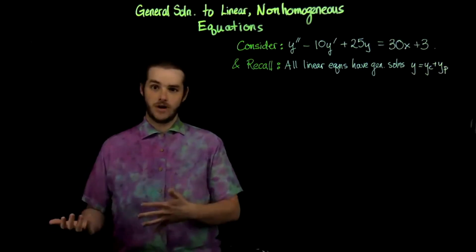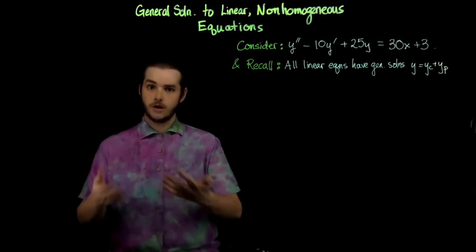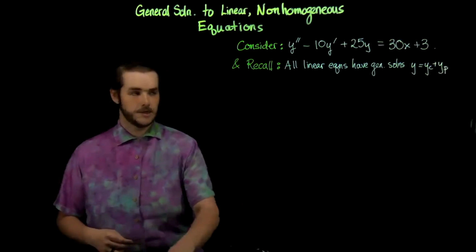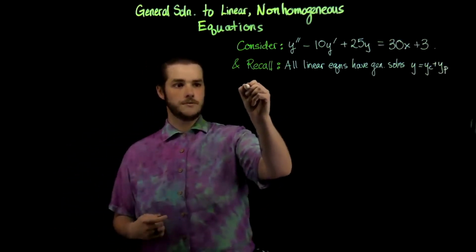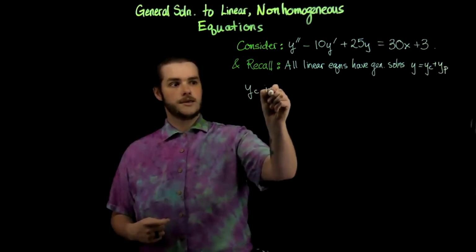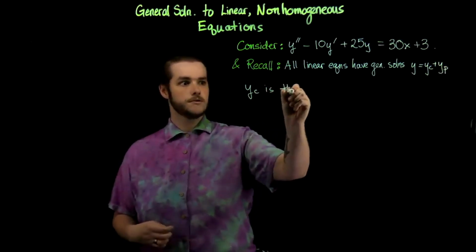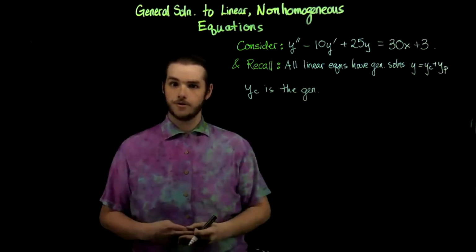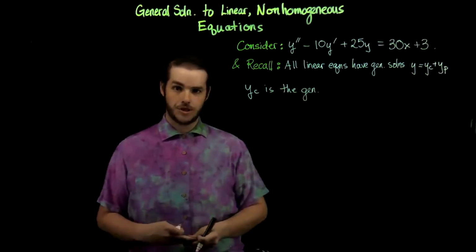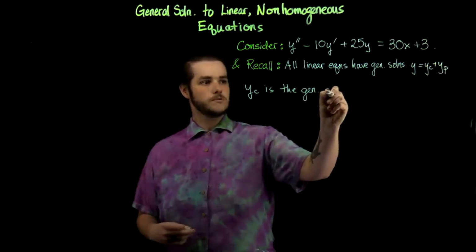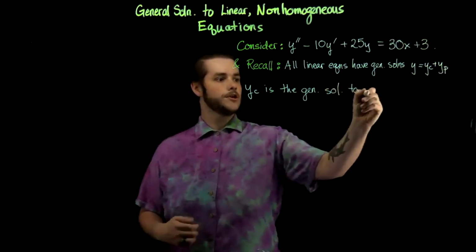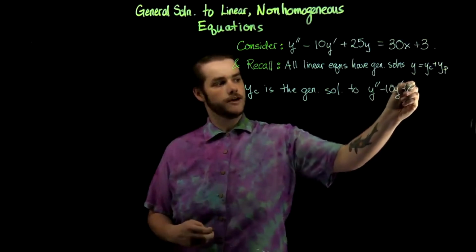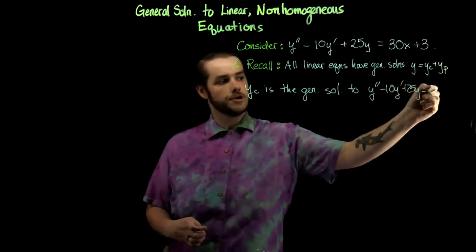If you watched the last few videos, we talked about how to find solutions to homogeneous equations, and the complementary solution is just the general solution to the complementary equation, or in other words, if I just write it as a homogeneous equation. So it's the general solution to y'' - 10y' + 25y = 0.